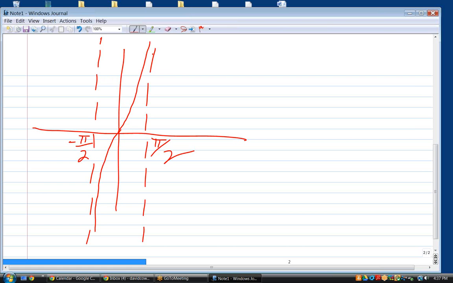Completely different than sine and cosine. And then it repeats every pi. Okay, so based on this, the key point here would be pi over 4, and that's where tangent is equal to 1. So what's the tangent of 0? What's the tangent of pi over 2, 90 degrees?